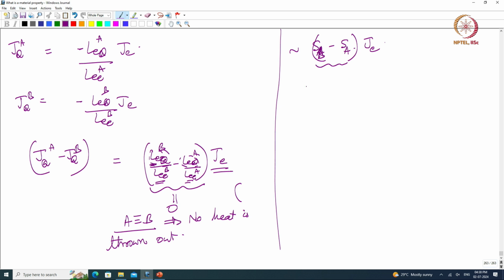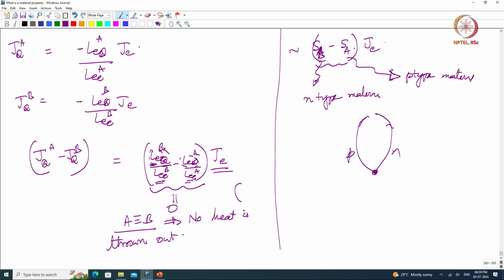Now, I can make Seebeck coefficients, right. So, if I take this to be an n type material and this to be a p type material, right. That is why I use p-n junctions typically. So, this is p type, this is n type, and I use p-n junctions for my Peltier cooling.